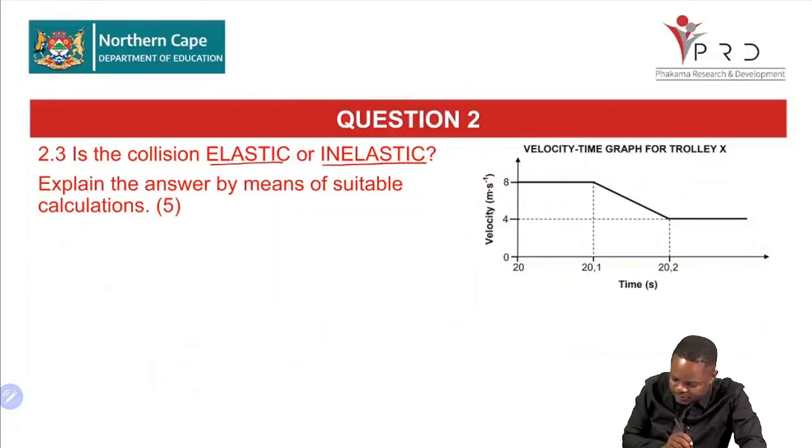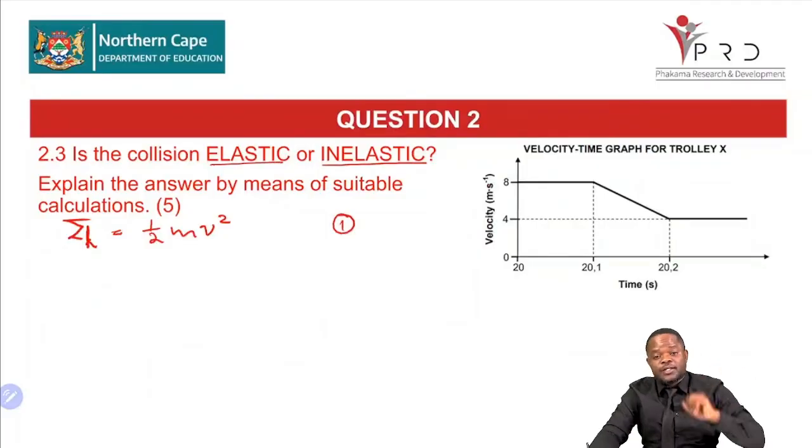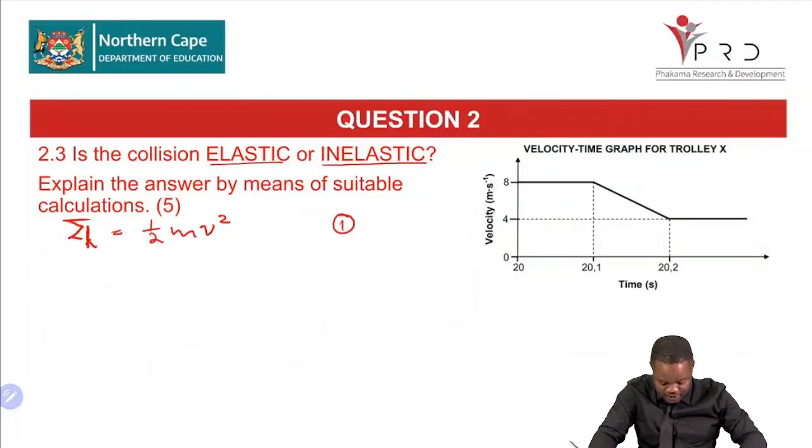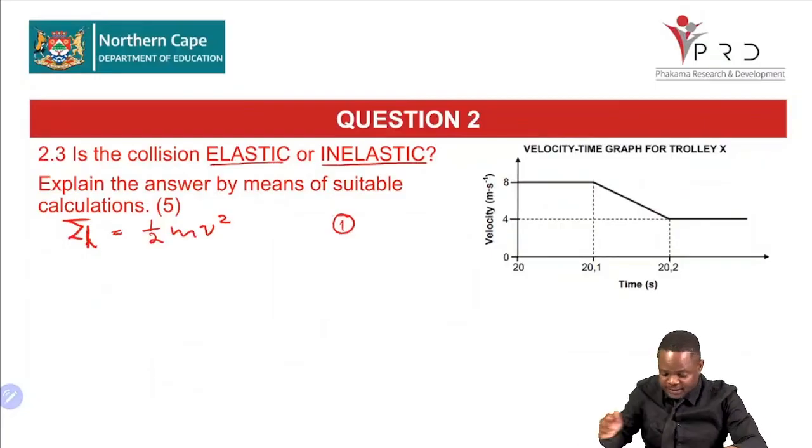And we remember, when we're talking of kinetic energy, we need this formula. Kinetic energy is equal to what? Half mv squared. Okay. This is the formula that guides us, and it gives you a mark. And then we're saying now, we need the sum of the initial kinetic energy. Let me write it here.